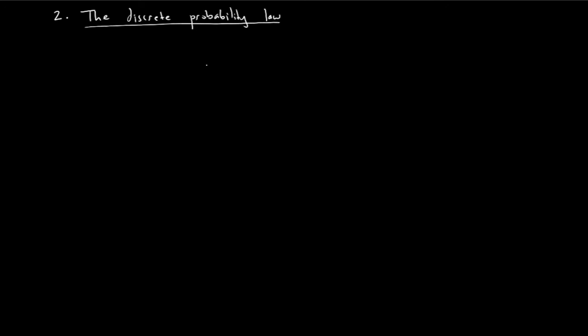So now we're going to actually put ourselves in a place where we can calculate probabilities. And we're going to do that by introducing the so-called discrete probability law.